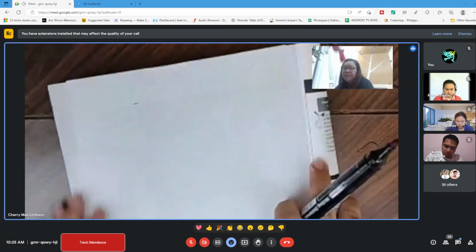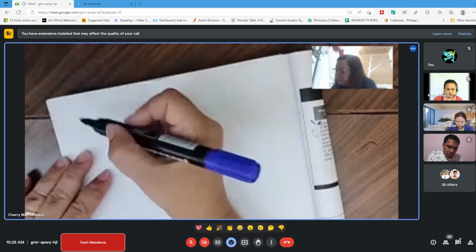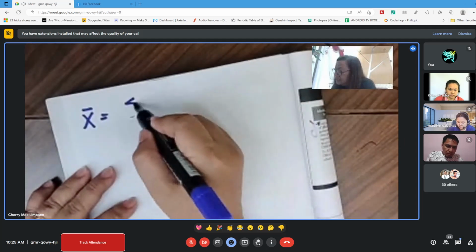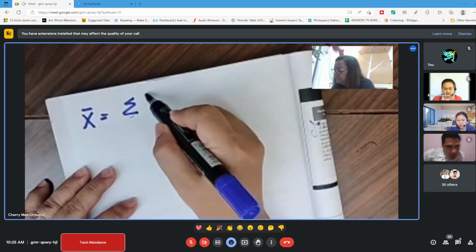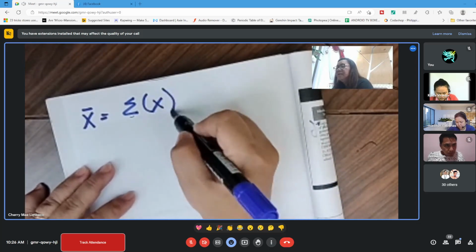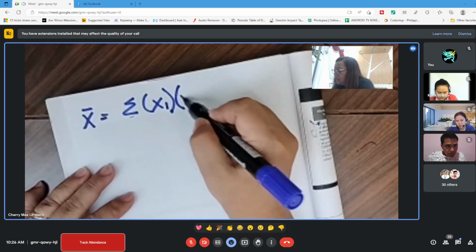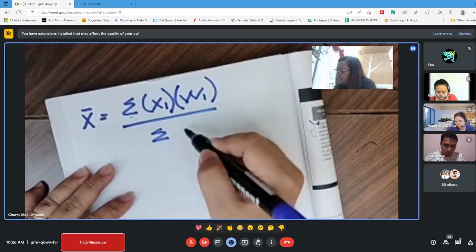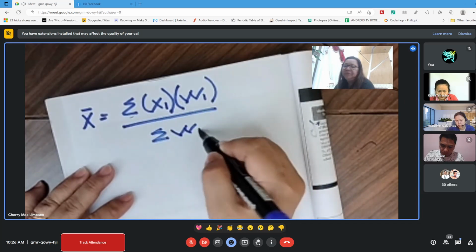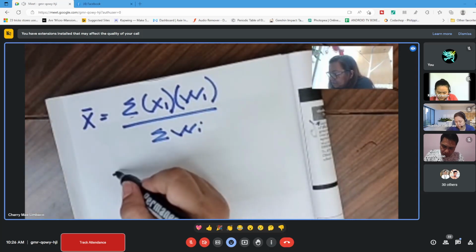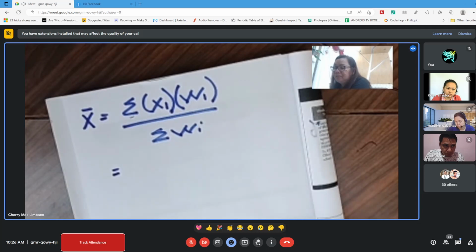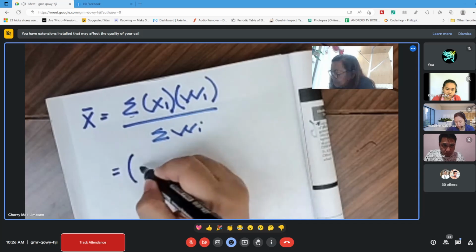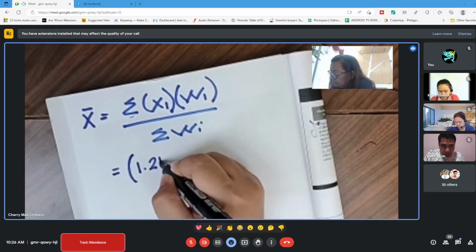Now, the formula for this is mean is equal to the summation of x1 multiplied by w1 all over the sum of w. Okay, this is how we solve it. Ready? William's grade, open parenthesis: English is 1.25.